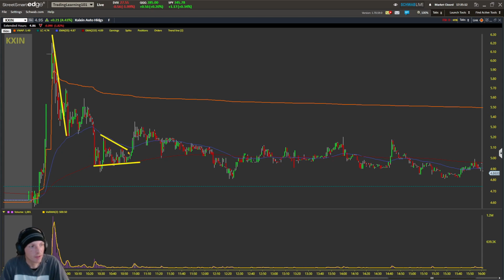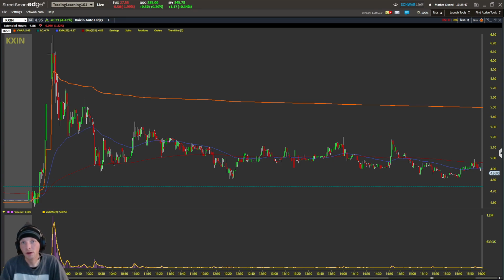And it got really tight, and then it squeezed up over that blue line, the 55 EMA, and then was holding as support all right here, and then fell below it and then was acting all as resistance. And then the stock pretty much went sideways the rest of the day.